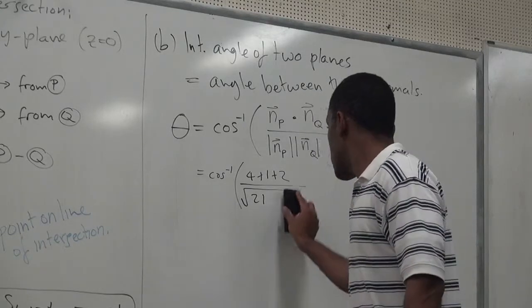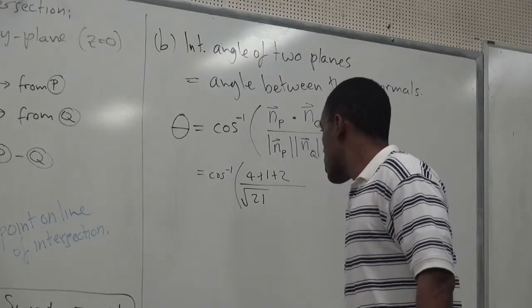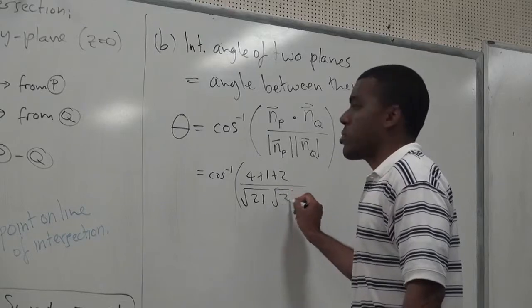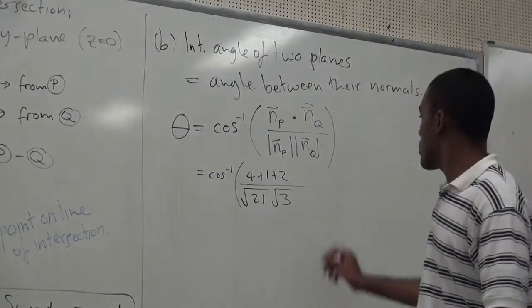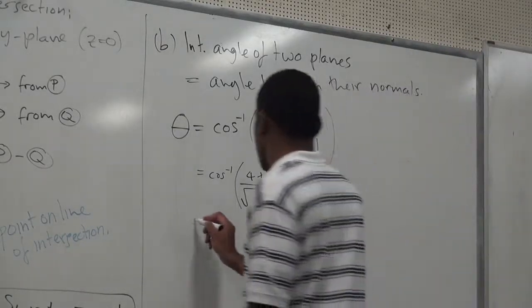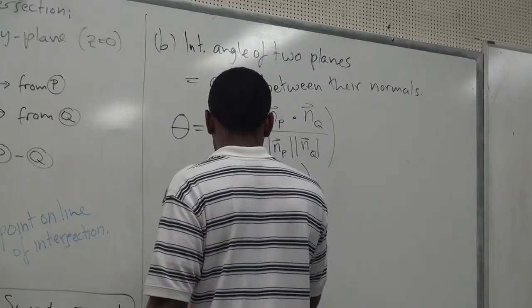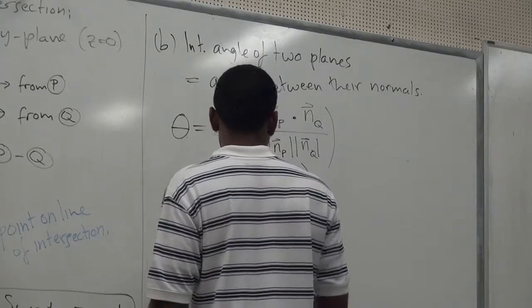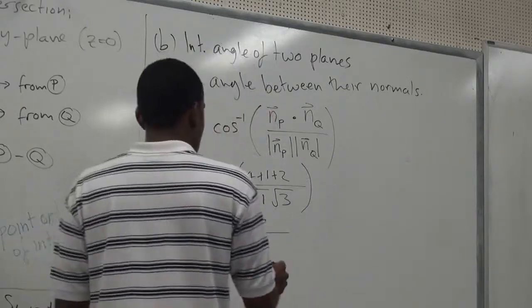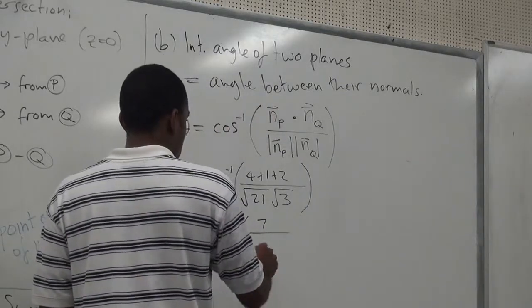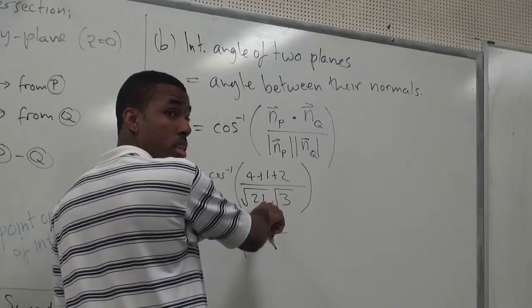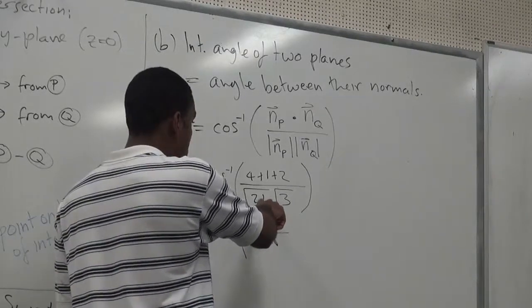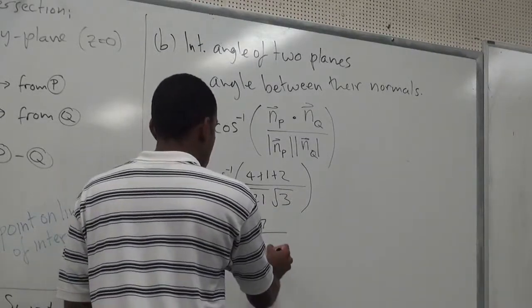And then the other one is square root of 3. So this is the cosine inverse of 7 over, okay, so here's how we're going to do this. 21 is 3 times 7, right? So I can write this as 9 radical 7.